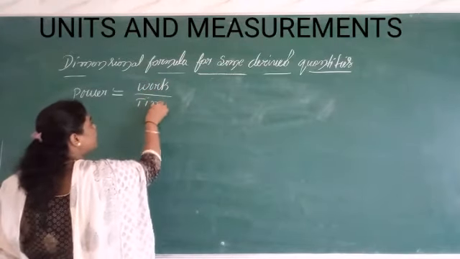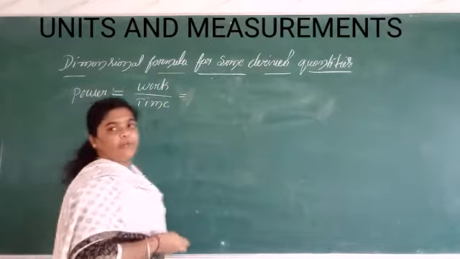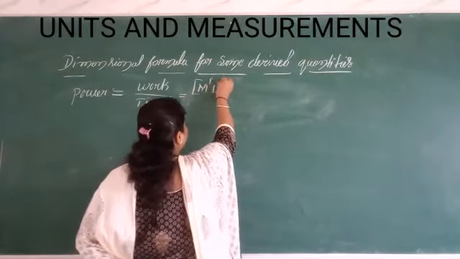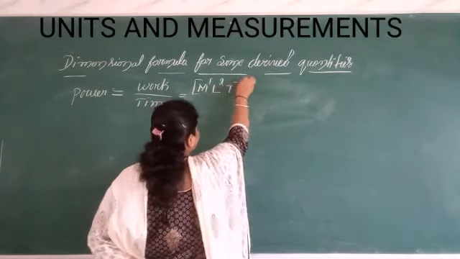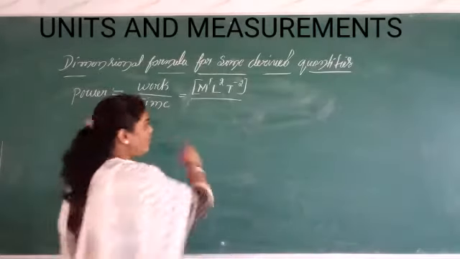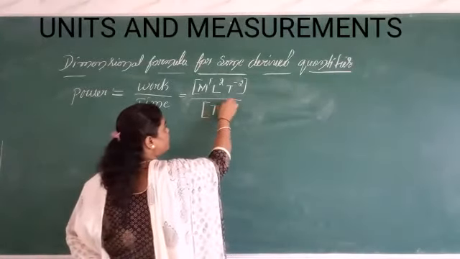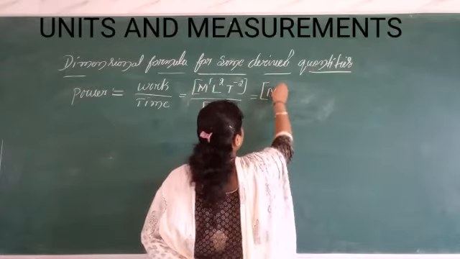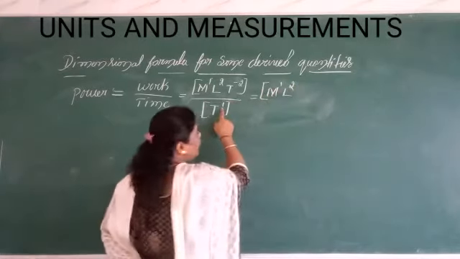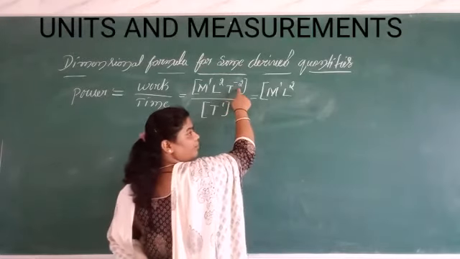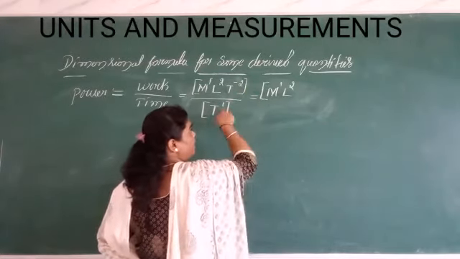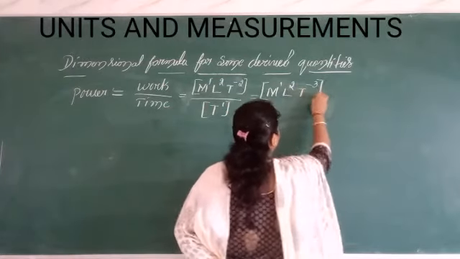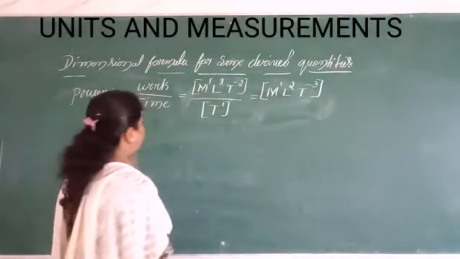Work's dimensional formula is m1 l2 t minus 2. The denominator time is t1, so the denominator's plus 1 taken to the numerator becomes minus 1, and minus 1 minus 2 is minus 3. m1 l2 t minus 3 is the dimensional formula for power.